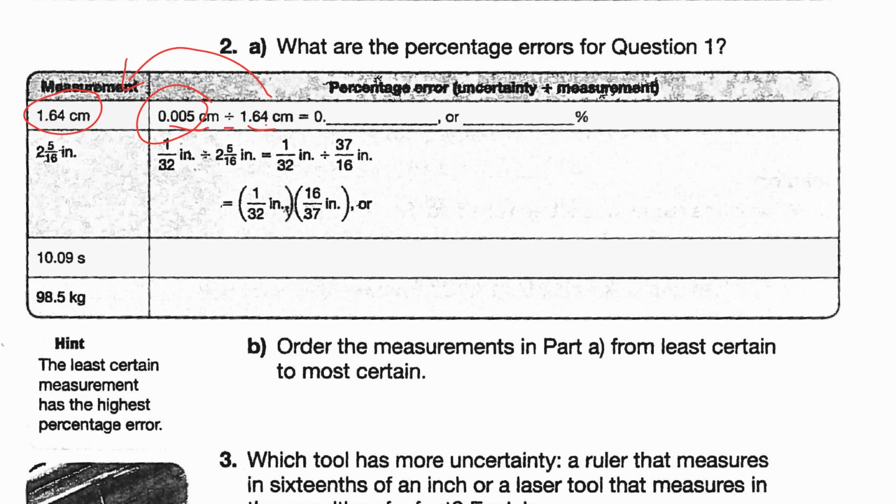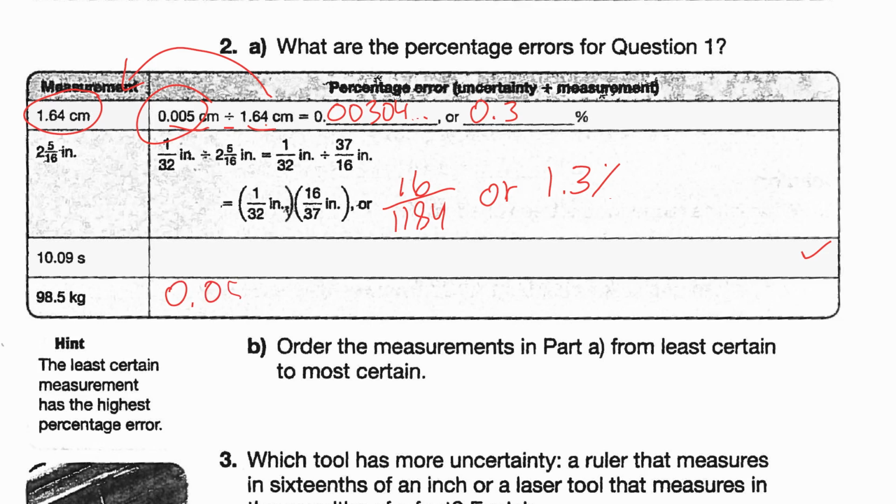It will give us a decimal, 0.00304..., about 0.3%. I can do this next one as well. 16/1184, or about, if you put that in your calculator, 1.3%. You guys can do this next one, and then I'll do this last one.